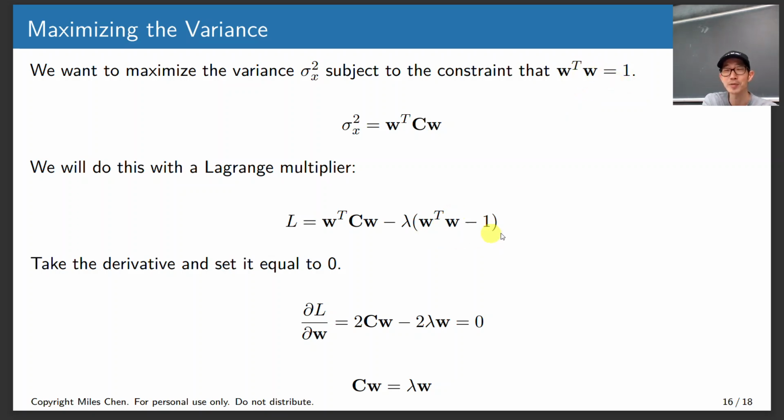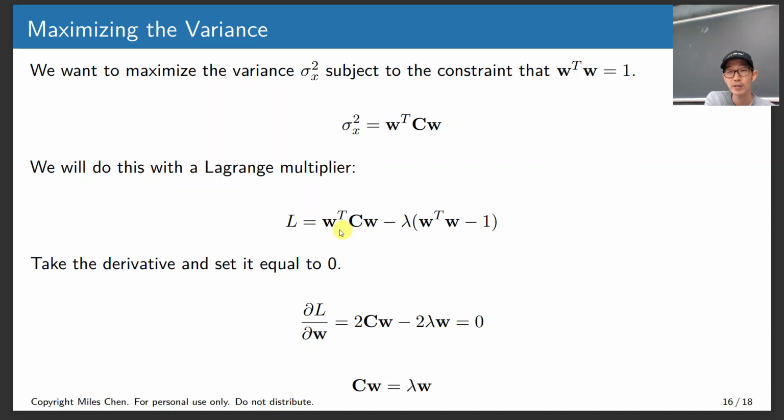Do we remember Lagrange multipliers a little bit? This is what I have, and we're going to try to maximize this, and we put in our constraint by throwing it in here. To maximize this, what would we do? We take the derivative with respect to w, set it equal to 0, and solve.